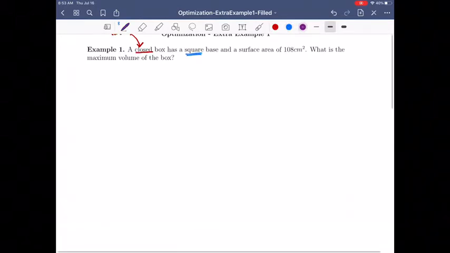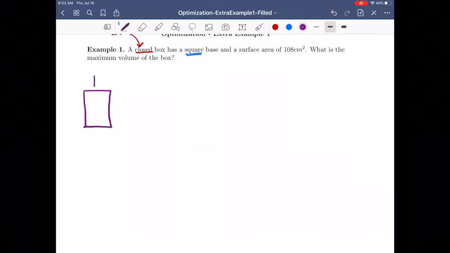So if I was going to draw a picture, our box might look something like this. Okay, because we know it has a square base, we need some variables. The things that we don't know are the length, the width, and the height of the box.